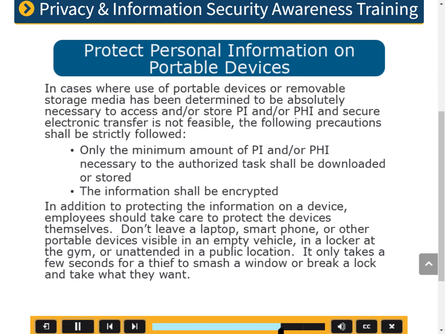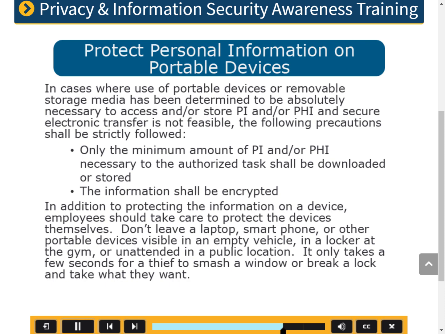Protect personal information on portable devices. In cases where use of portable devices or removable storage media has been determined to be absolutely necessary to access and/or store PI and/or PHI and secure electronic transfer is not feasible, the following precautions shall be strictly followed. Only the minimum amount of PI and/or PHI necessary to the authorized task shall be downloaded or stored, and the information shall be encrypted.